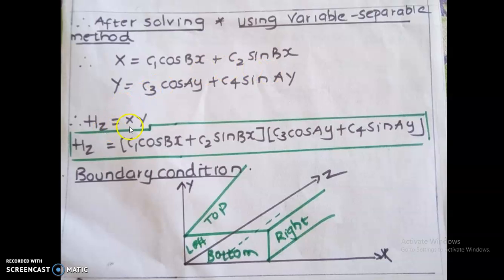Now Hz is nothing but XY, as we got from the variable separable method. You just substitute over here. Now we have to solve all the constants. As already discussed, it is solved through boundary conditions. So we have 4 boundary conditions: left, right, top and bottom.